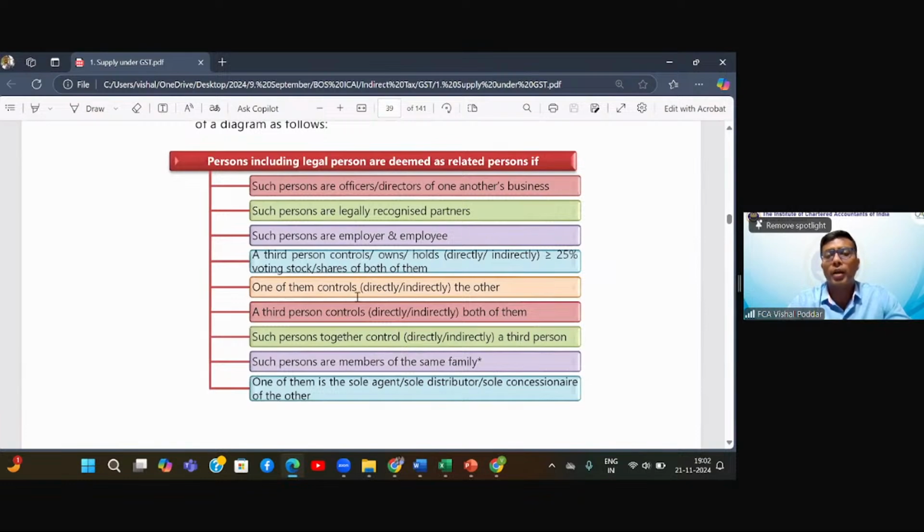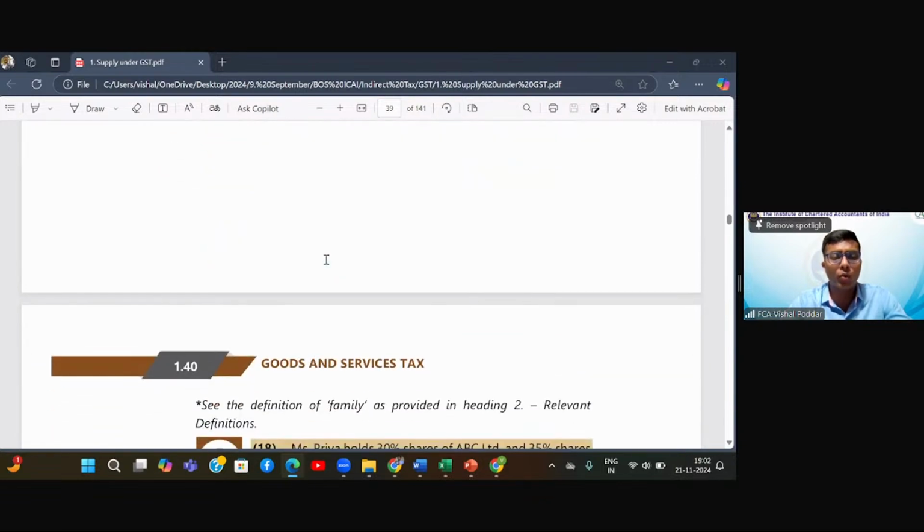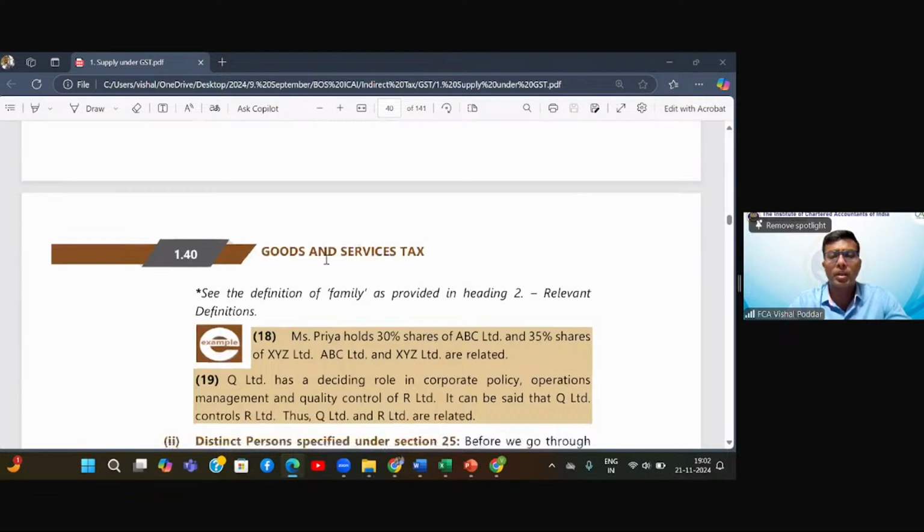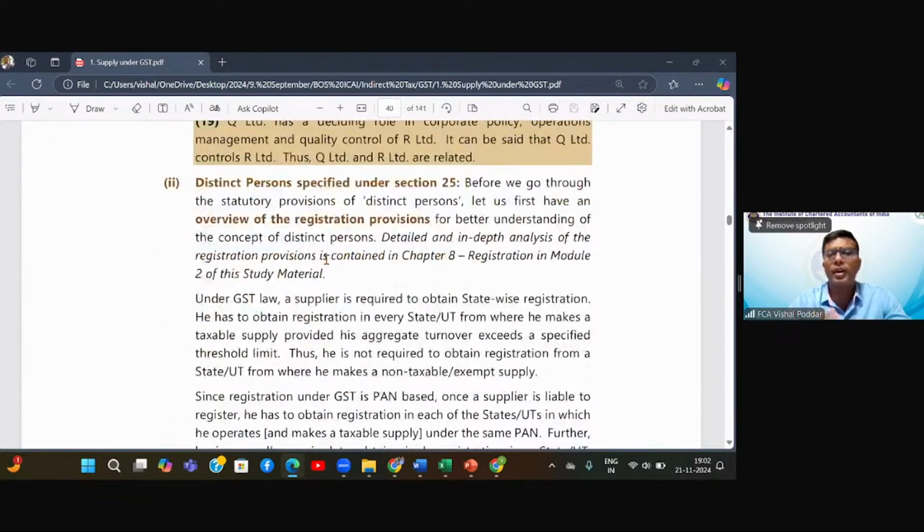Next, where one person controls the other, or a third person controls both of them, or together they are controlled by another person, and so on. So all these are the requirements of related persons. See, all this we are repeating from the previous lecture. So I'm just going upar se, where you want me to detail something, let me know. And whatever we are finding new in module, that is what we are discussing in detail.